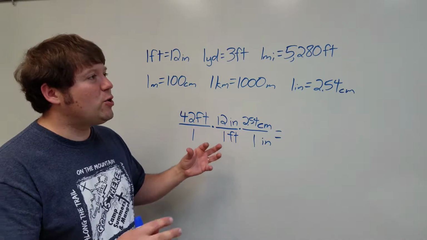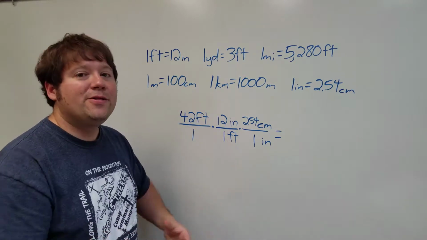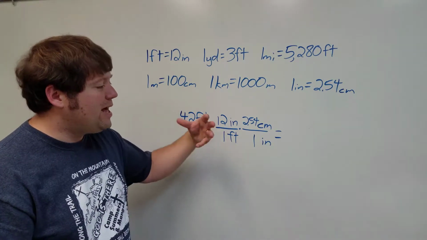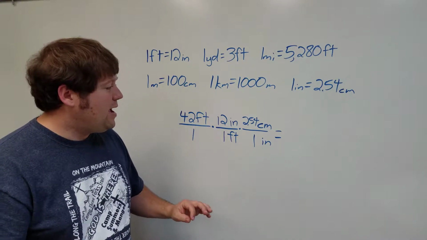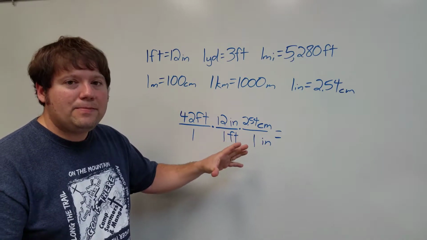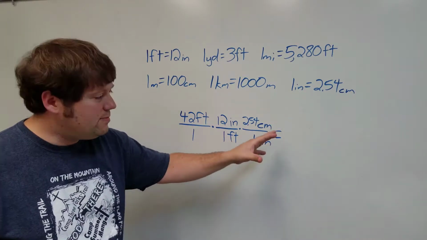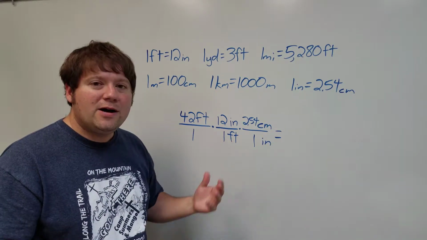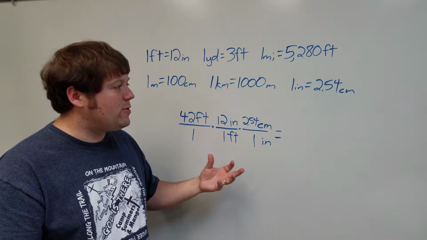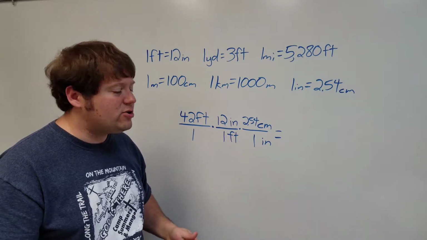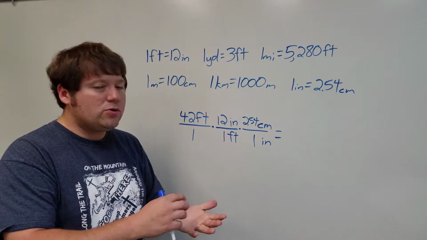This is making sure you know how to set up the multiplication and division problem that will give you an answer. As long as you can set it up properly, there's really no need to do the actual multiplication and division, because if we're doing a project and we need to figure out this conversion, we're going to set it up and then do it on the calculator.